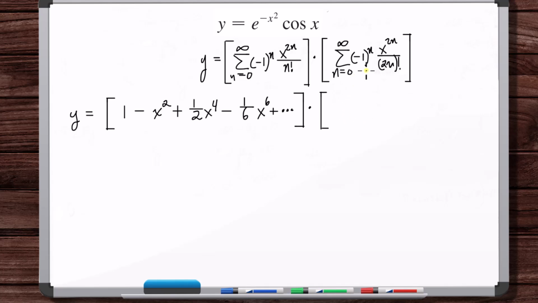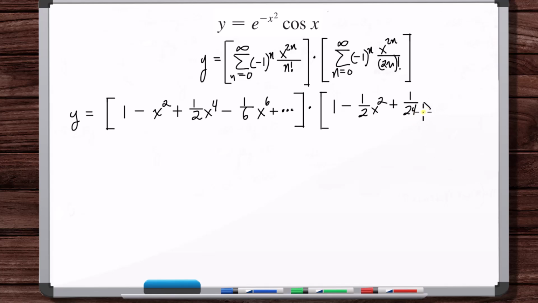Okay, n is equal to 0. You've got just 1. And then n is equal to 1. You've got 2 factorial, so 1/2 x squared. Okay, n is equal to 2. You've got 4 factorial. 4 times 3 is 12. 12 times 2 is 24.